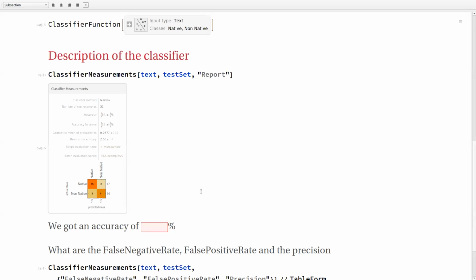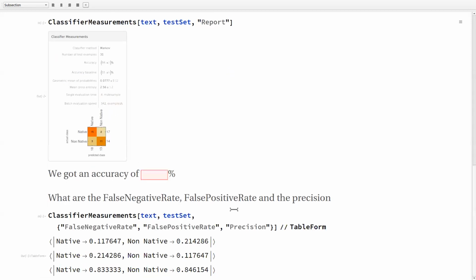So we got an accuracy of 84%. So checking the false negative rate, false positive rate, and the precision, we can see that non-native speakers were more precise than native speakers.